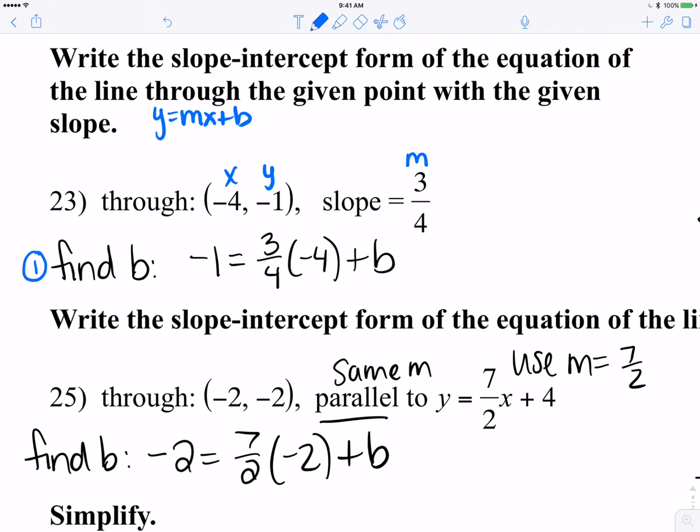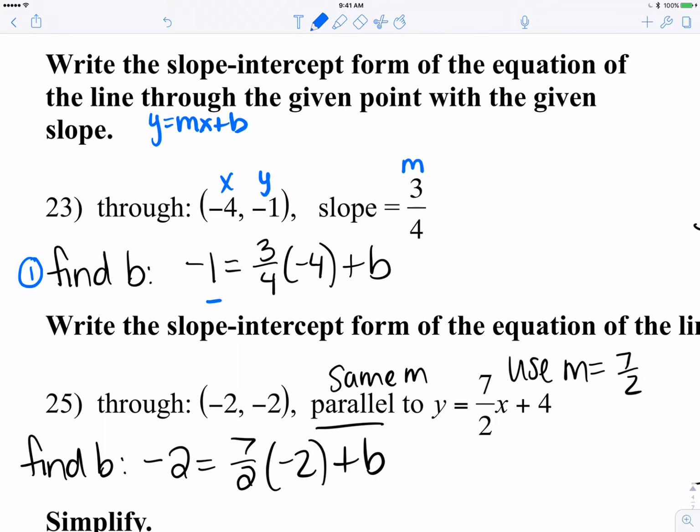So your first step is to find b by plugging in 1 for y equals m, 3/4, times x, -4, plus b. Alright, so let's solve this for b, and we get 1 equals -12 over 4, which is -3, plus b.